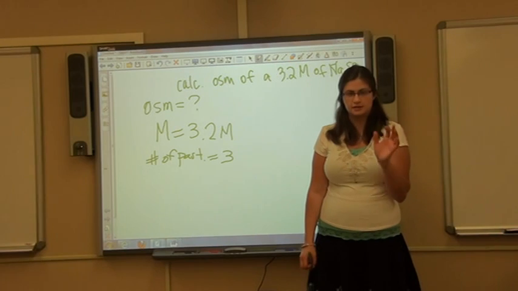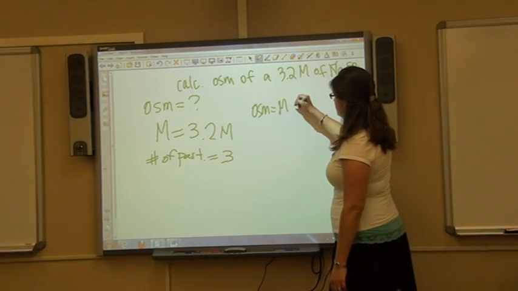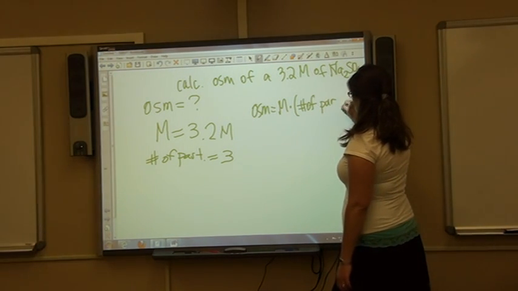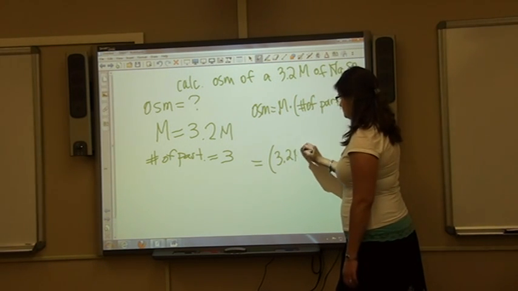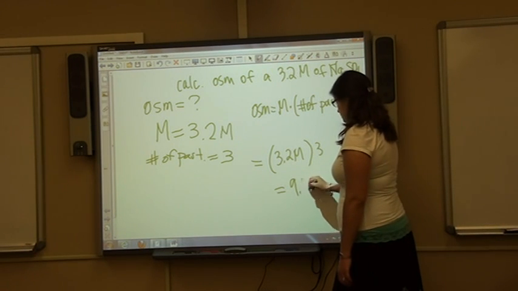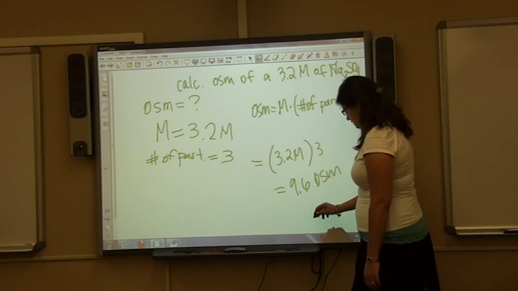This is the easiest and the best formula. OSM equals M times number of particles. Therefore, we have 3.2 M times 3, so that would be 9.6 OSM, and it sounds like osmoles.